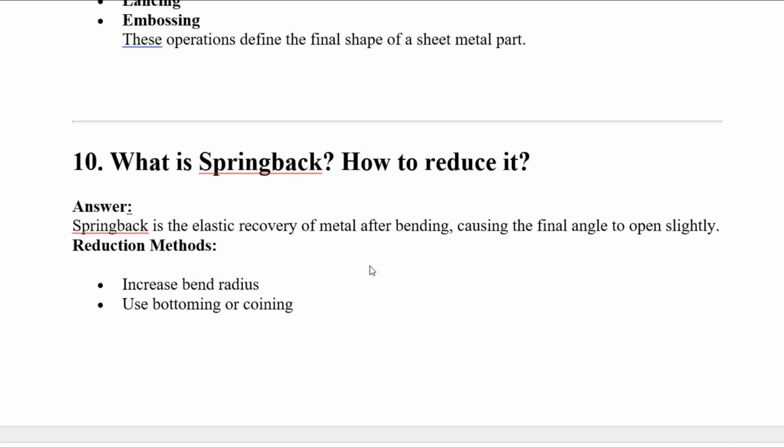So what is springback and how to avoid it? In sheet metal, springback is nothing but the elastic recovery of the metal. After bending, the bent flange tries to recover its original position, and because of that we do not get the required angle. This is the issue while bending, and we call it springback.